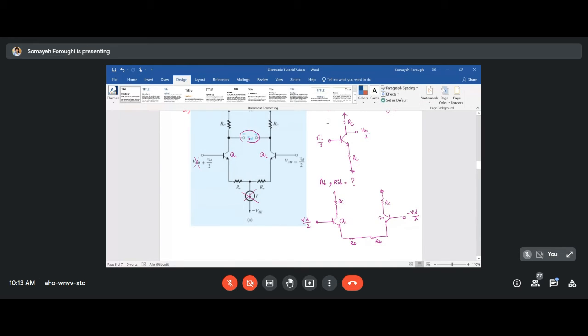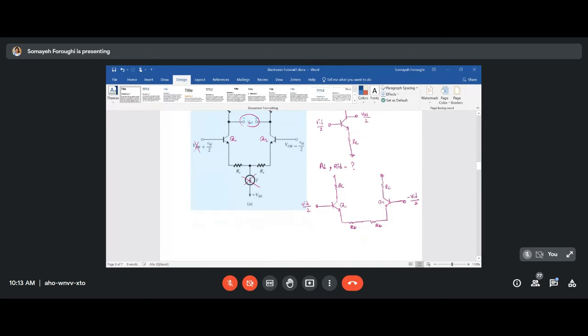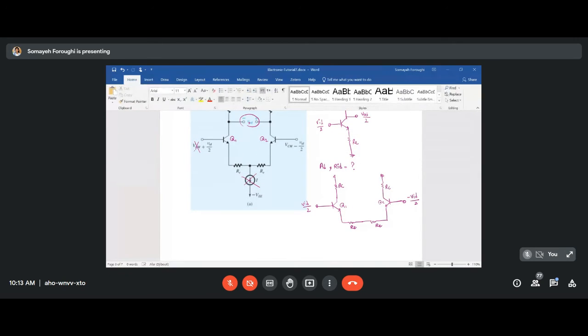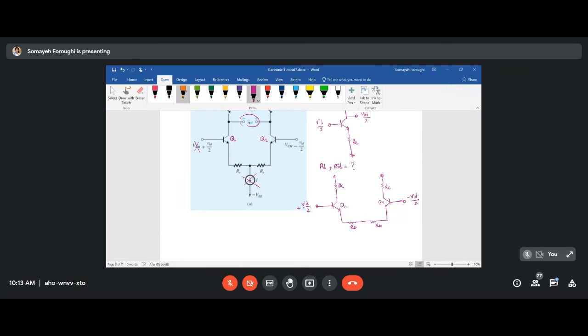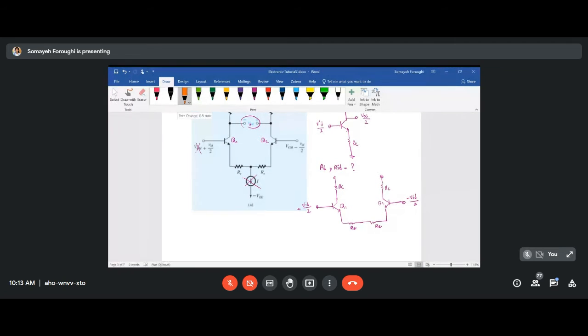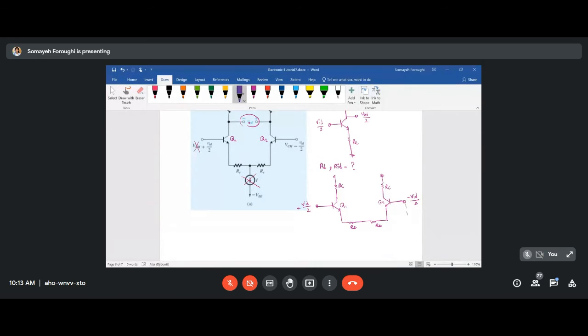So finally, for finding your AD, you can simply take this differential amplifier and show it like, instead of having a positive VID over 2 and a negative VID over 2 on the other side, you can simply connect them like this. You can say that they are connected.